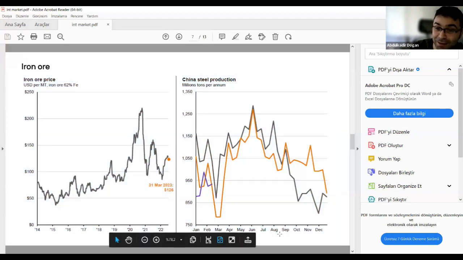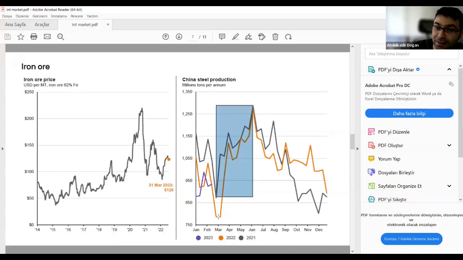As you see, the gray line is 2001. As you see, in 2021 we have the COVID effect, and in the orange, 2022, we have the Russian war effect, right? In March, they started to invade Ukraine, and all commodities rose, and this became inflation.